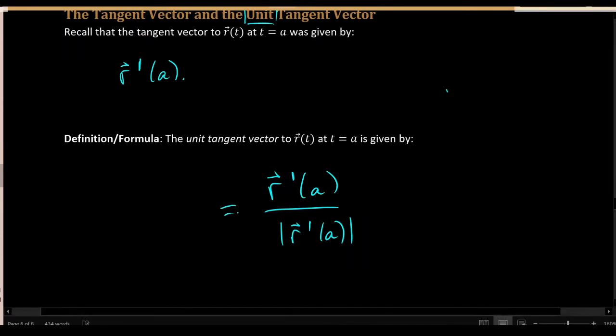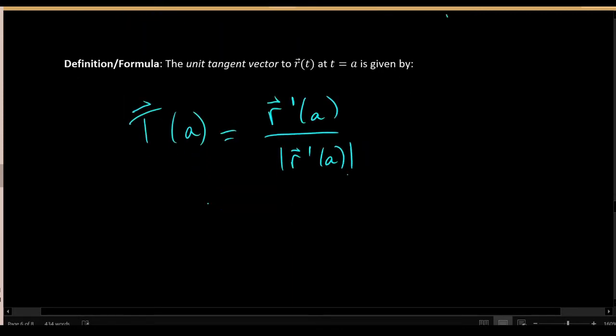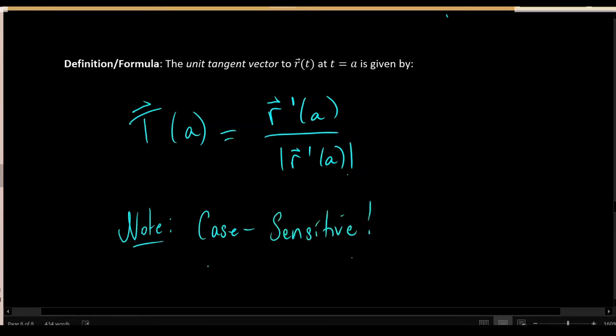Now, this quantity is given very specific notation. This is called capital T. Capital T with a vector over it is used for the unit tangent vector. This is case sensitive, just like your passwords, right? Little t is the parameter, it's the input variable.